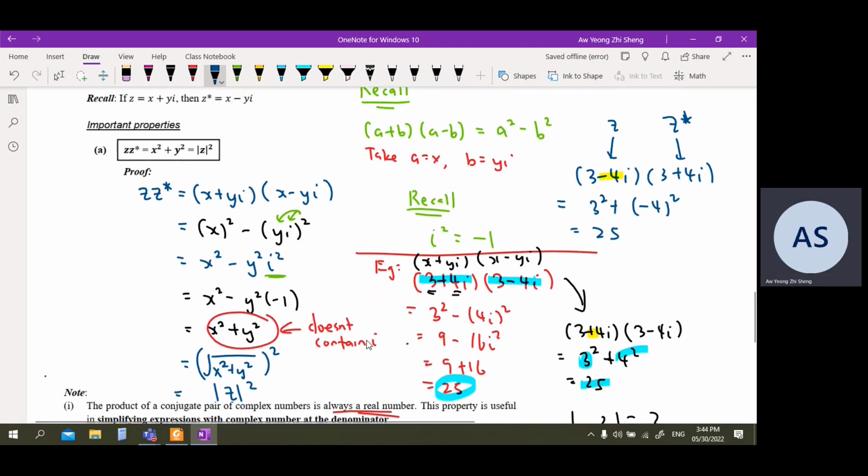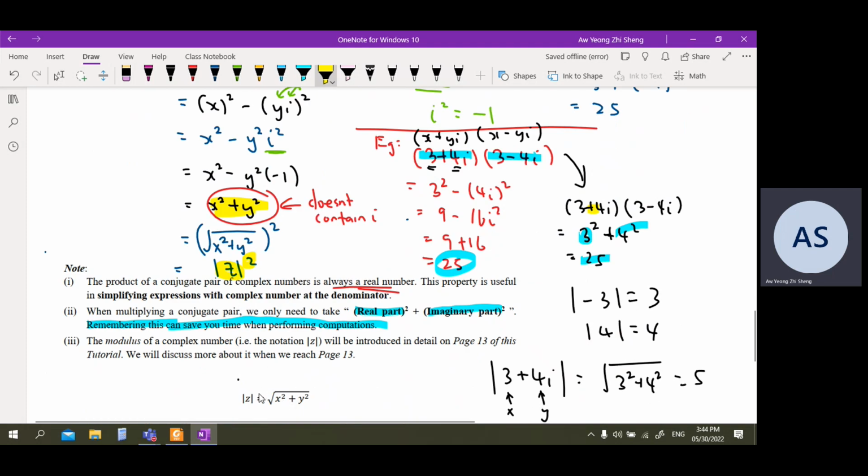So this actually proves the result at the top of your screen, where z z star equals x squared plus y squared, which is also equal to modulus of z squared. And so at this stage, we will just accept that modulus z is computed using square root of x squared plus y squared. Later in this chapter, we will learn it in more detail.